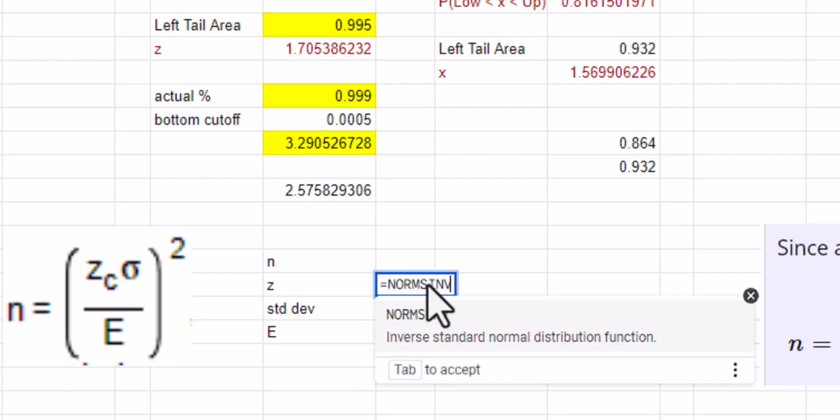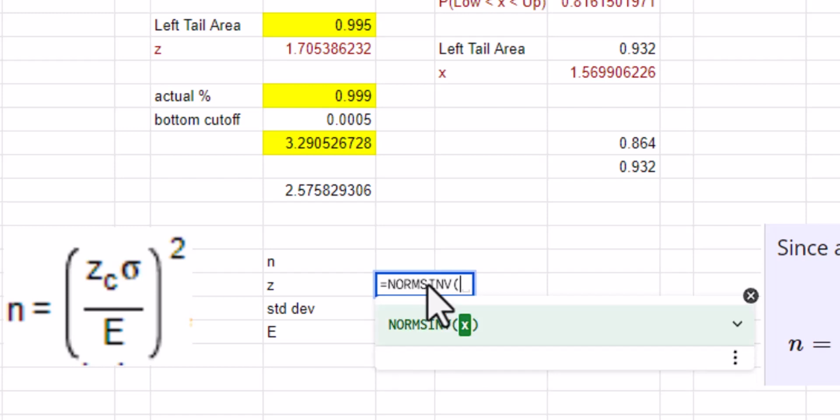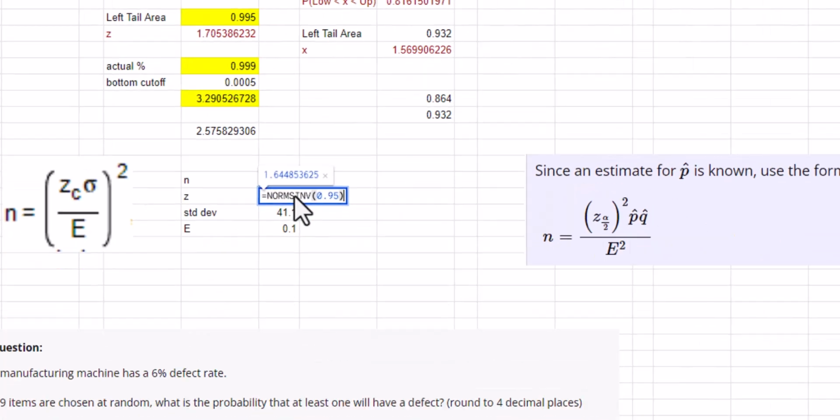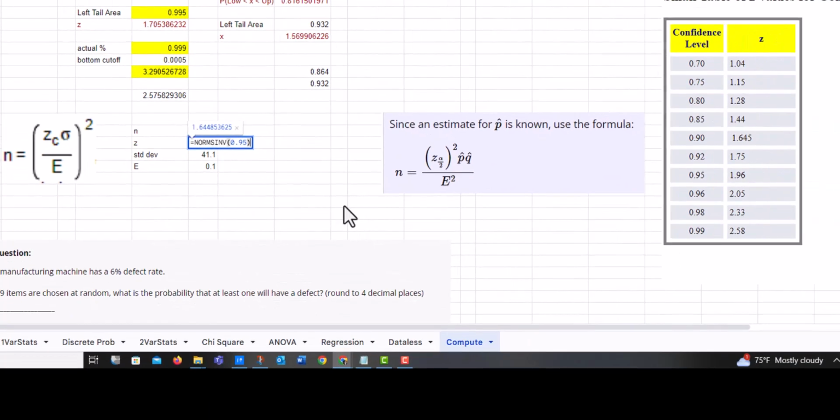It says an inverse standard normal distribution function. And I put my X value, 0.95, which is funny, it says X, but that's the Z. I don't know why Google Sheets calls it an X, but that's the Z. So notice, and I close my parentheses, that's the same number right here for the 90%, 1.645.